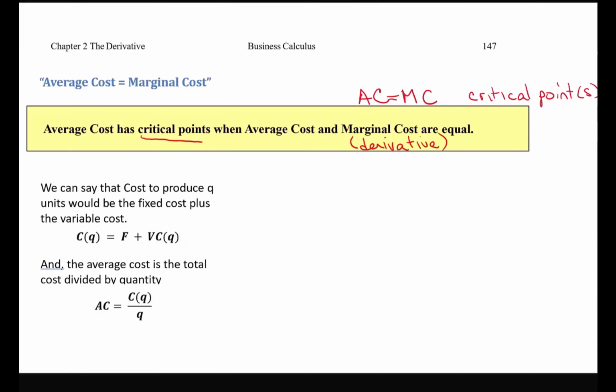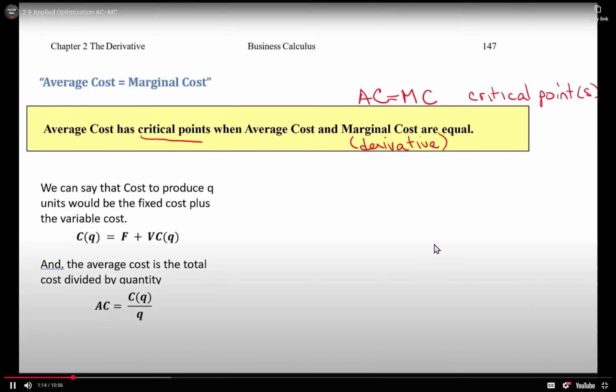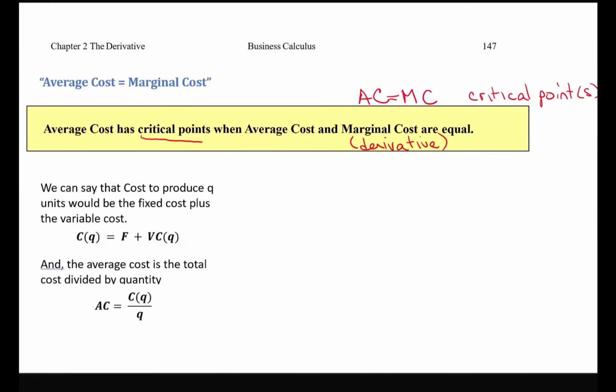And it's the change in cost of producing one more thing. So for example, I start here with AC equals C of Q, which just means cost is a function of Q, divided by Q. Now, if I want to take the derivative of both sides, it's going to be the quotient rule.